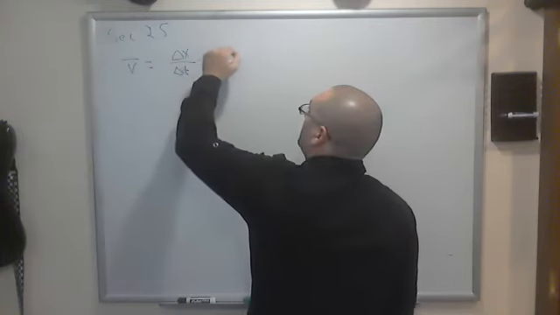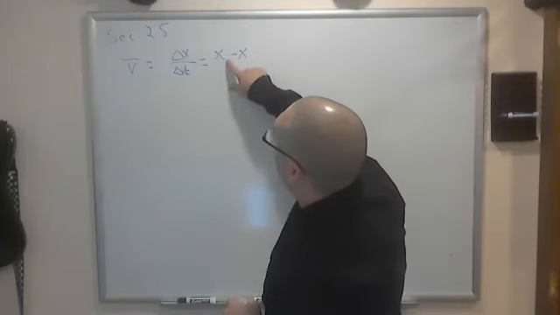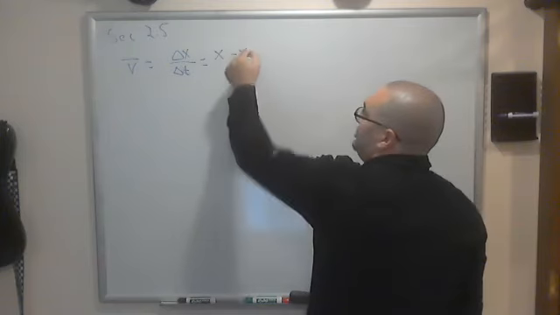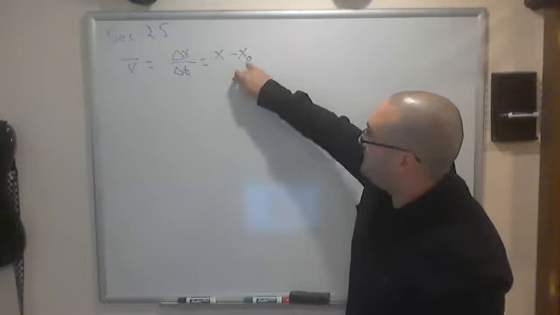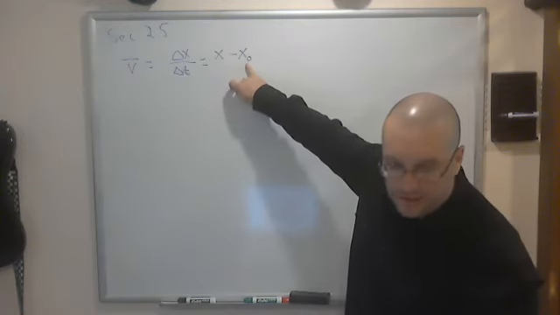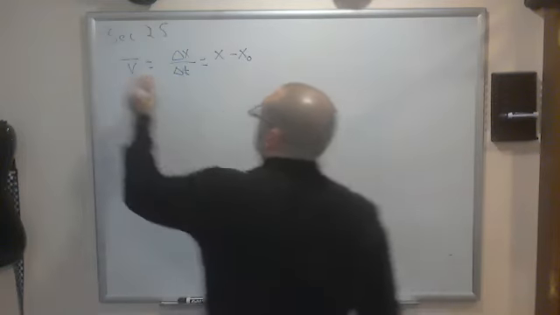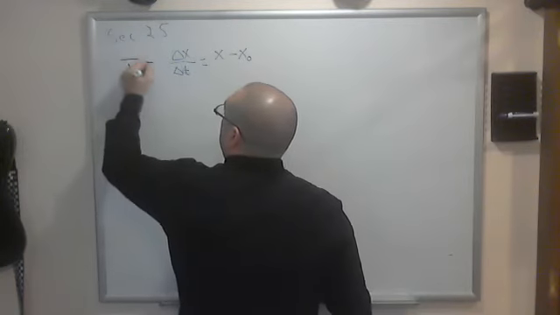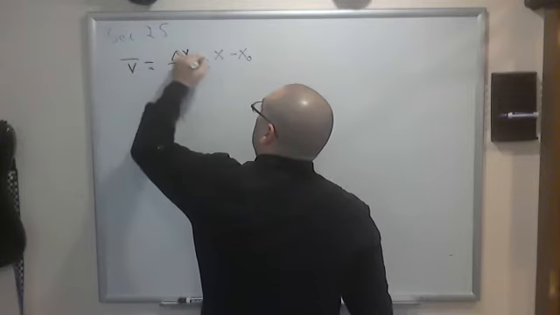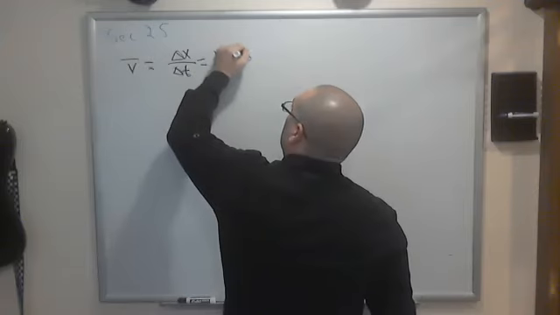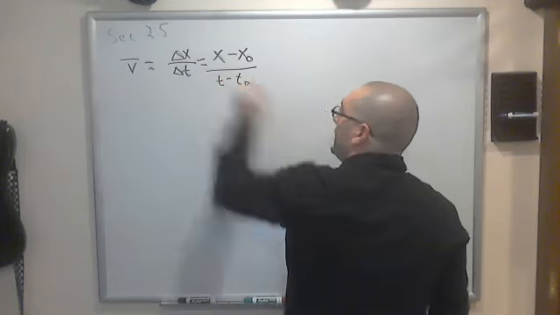And this is equal to x, we'll call the final position x here, and then the initial position, which we'll generally use for the entire course, will be given by this x naught, over t minus t naught.